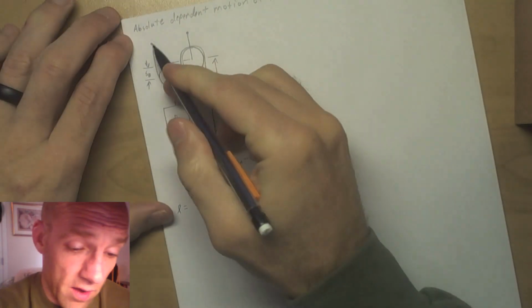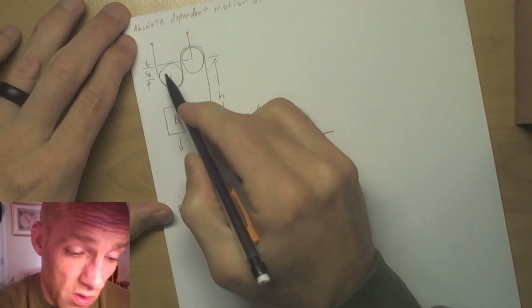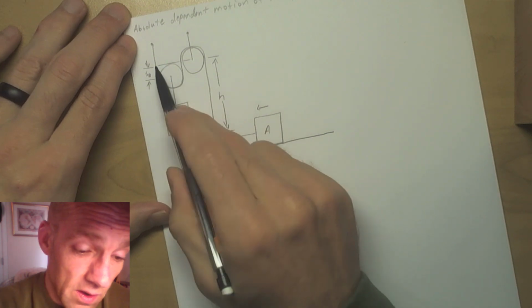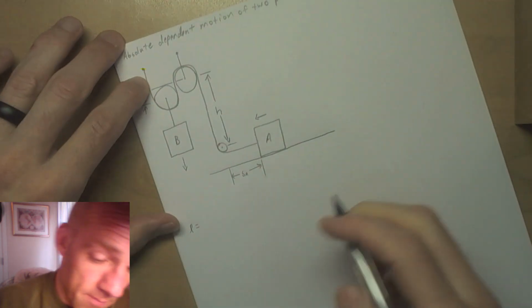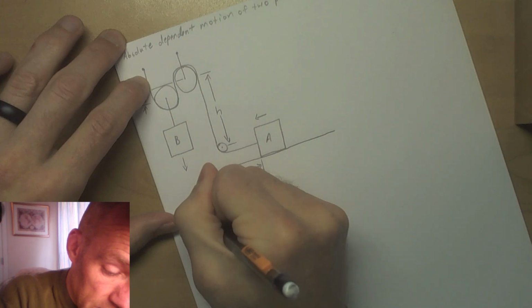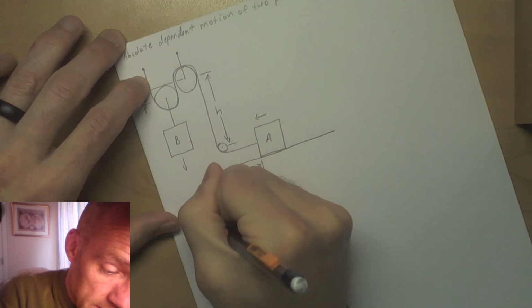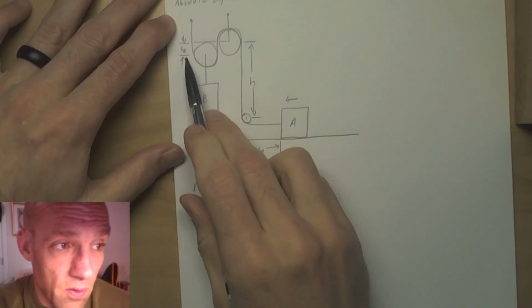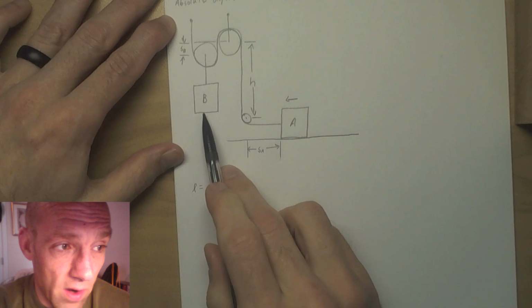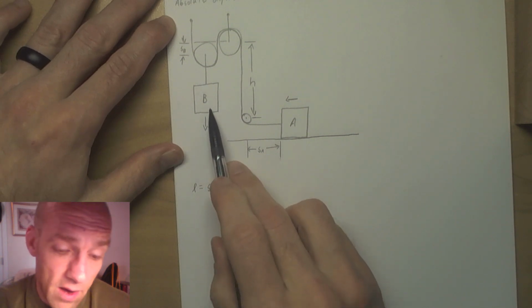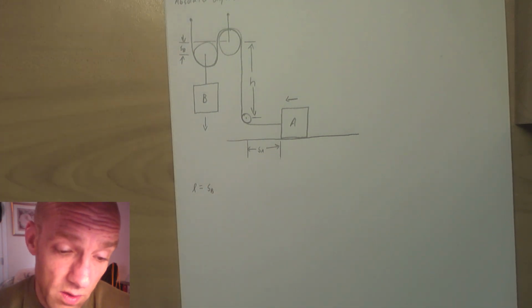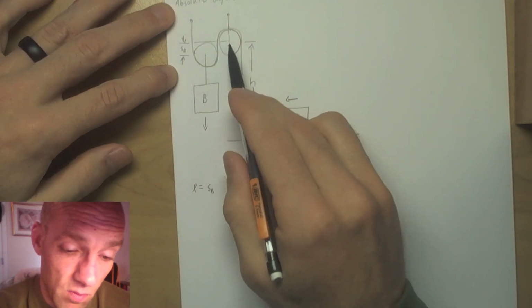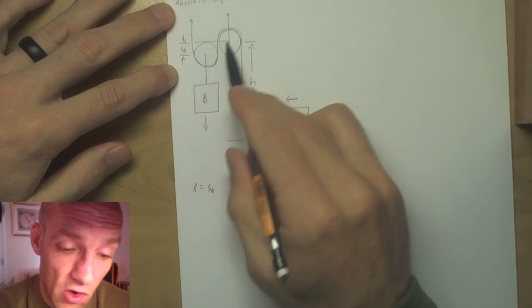Let's just go from this side. We're going to use this point here as our datum, so we go down SB. It's called SB because, as you can tell, this distance as it changes is directly related to how B moves. The distance that B travels I could also measure by the change in this distance here.